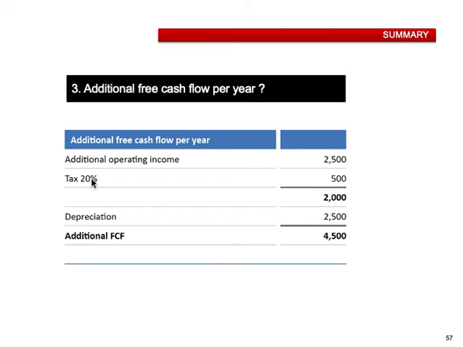We need to deduct the taxes of 20% directly from the operating income, 500. So 2,000 is considered the NOPLAT, net operating profit less adjusted taxes. Then we need to add the depreciation, 2,500. So 2,000 plus 2,500 gives us an additional operating cash flow of 4,500 per year.